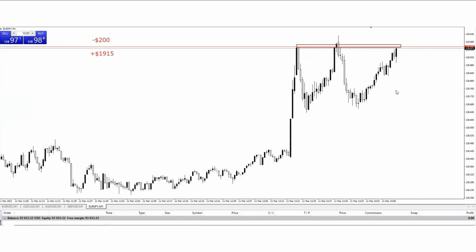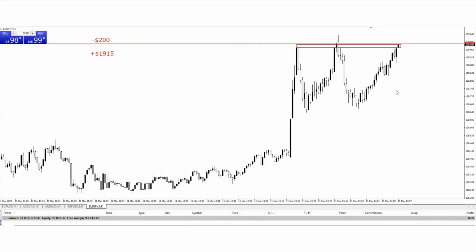There you go. Okay, so let's do the maths here. We have netted today, as a final, plus $1,715.